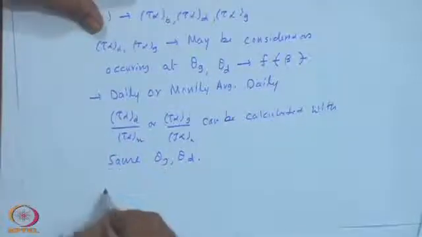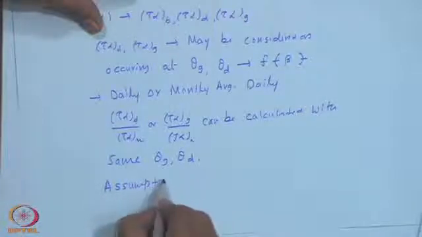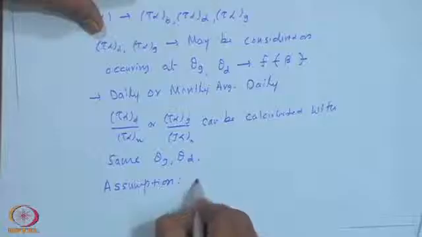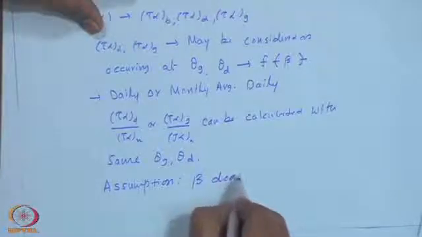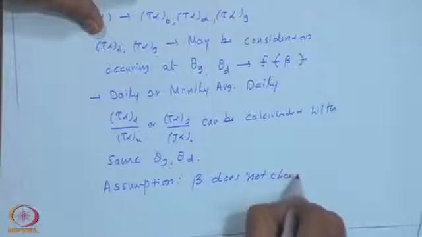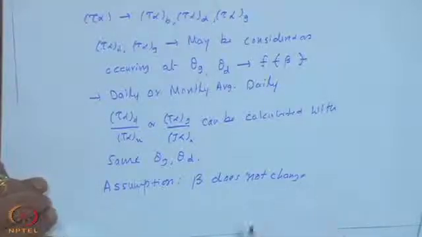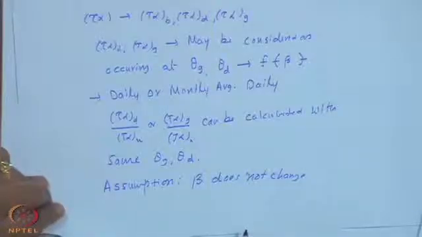Of course, the assumption is beta does not change. If the slope of the collector is changing every day or every hour, then my theta g and theta d will be changing. Then they also have to be evaluated as some sort of weighted averages.